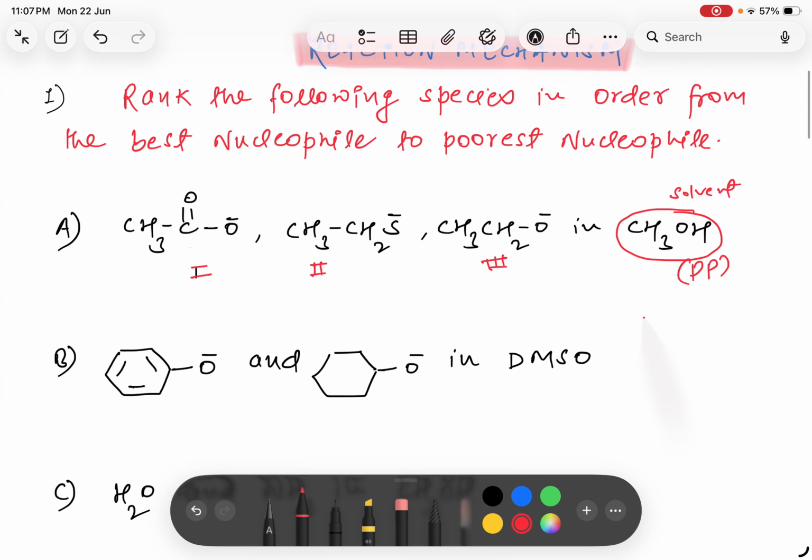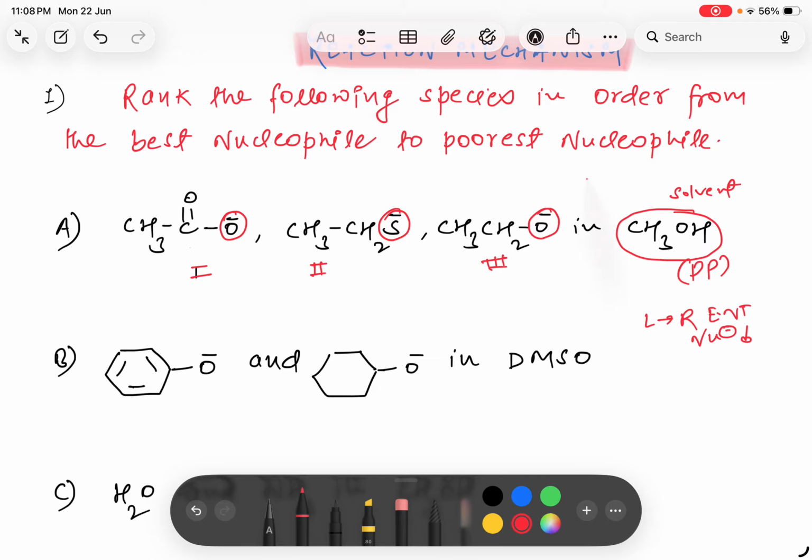It means whenever you are moving left to right in a periodic table, electronegativity increases, nucleophilicity decreases. And a negative charge would be a stronger nucleophile than a lone pair. So they all have negative charge, and they have different donor atoms.